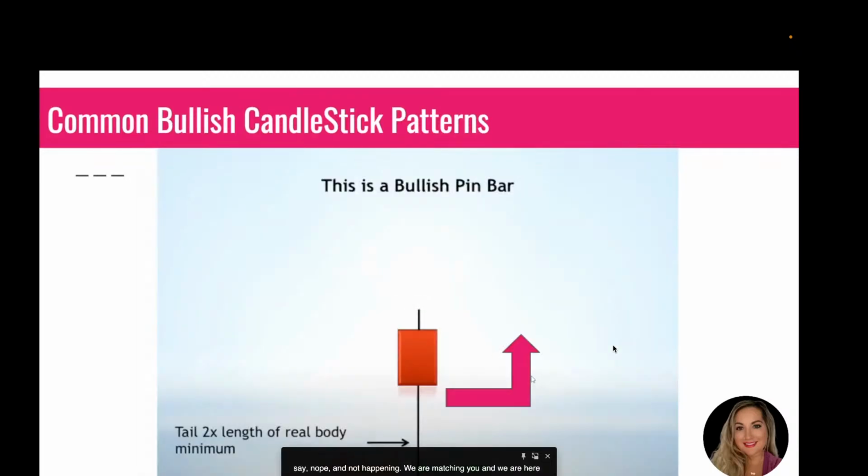And lastly, the bullish pin bar is something that you will see a lot. Also similar to having a very strong rejection wick. As you can see here, the tail is 2 times the length of the real body. That means the bears are trying to push and sell price, and the bulls said, heck no, we are pushing you up, absolutely not going that low.